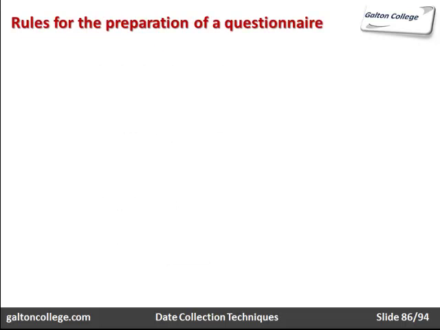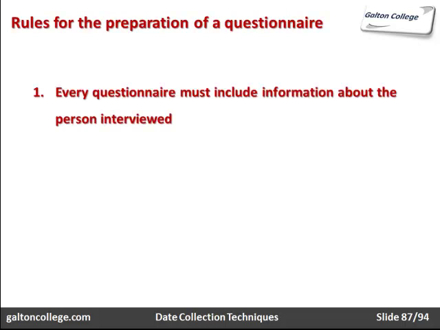Rules for the preparation of a questionnaire. Well, every questionnaire must include information about the person being interviewed. It doesn't have to be deep personal information. It could be just that the person was interviewed at 11:45 a.m. in this location.